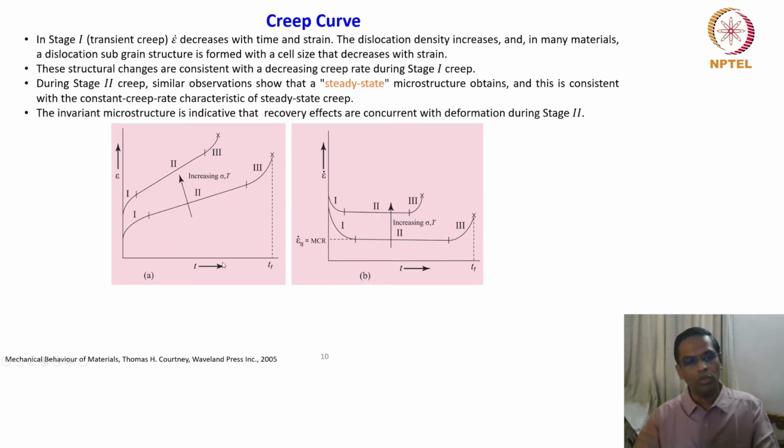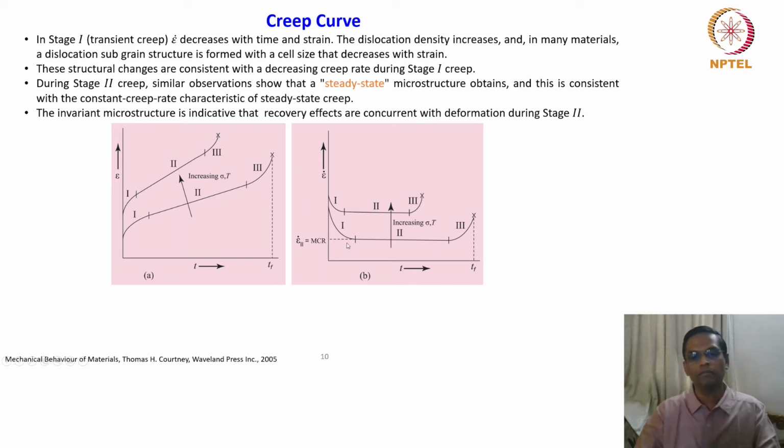So these are two interesting plots to understand the influence of temperature and stress on the creep strain. This is a strain versus time plot again, and what you see is that with increasing stress and temperature, the strain keeps on increasing.